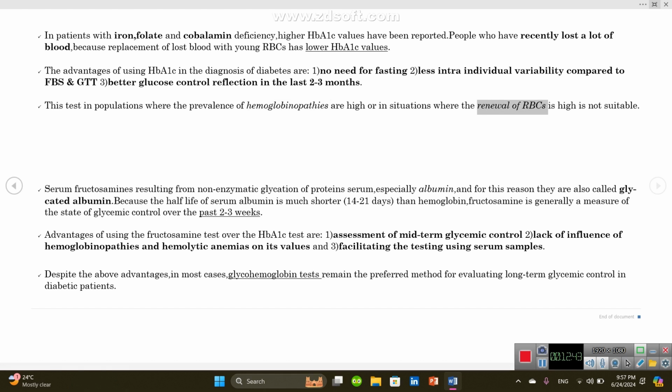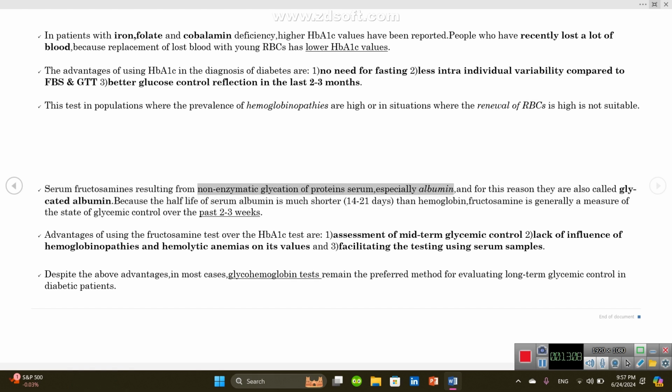Okay, so the serum fructosamine. Serum fructosamines result, exactly like hemoglobin, from non-enzymatic glycation of serum proteins, especially albumin.